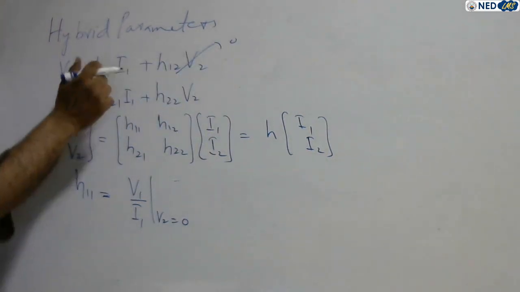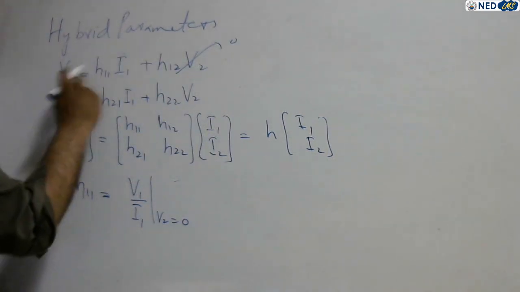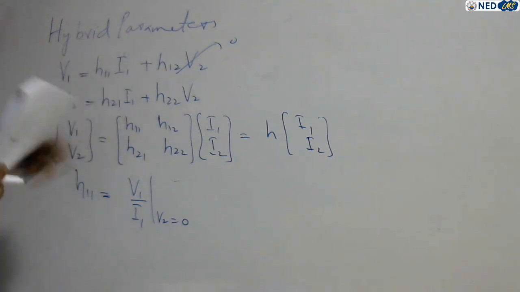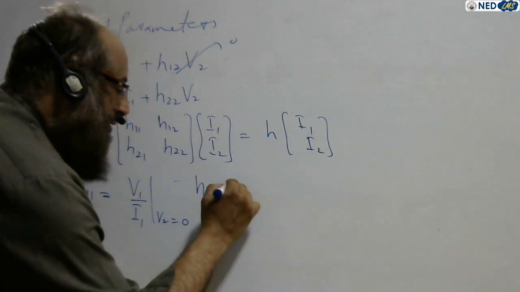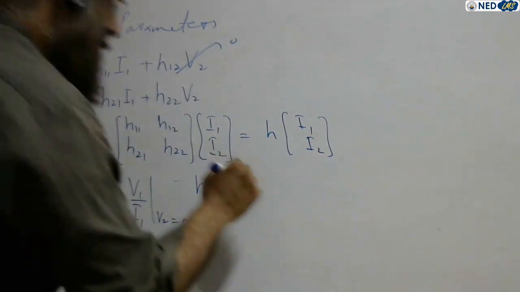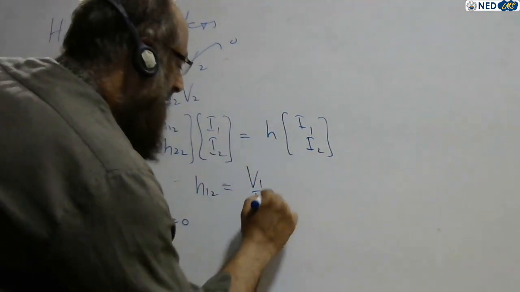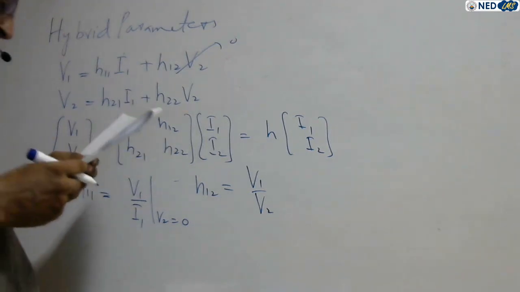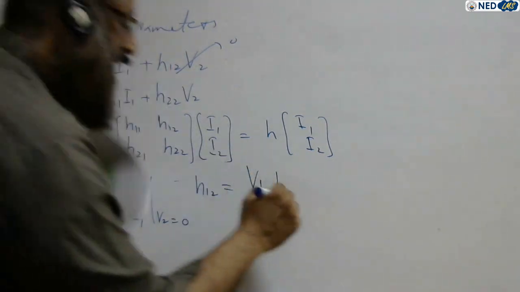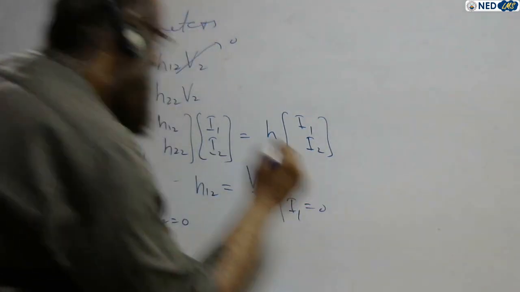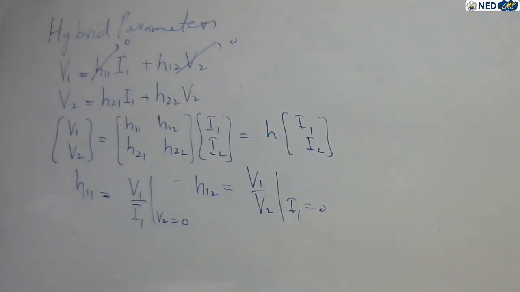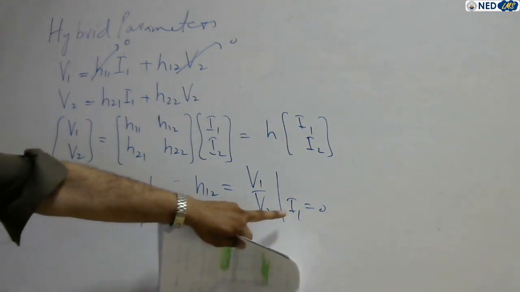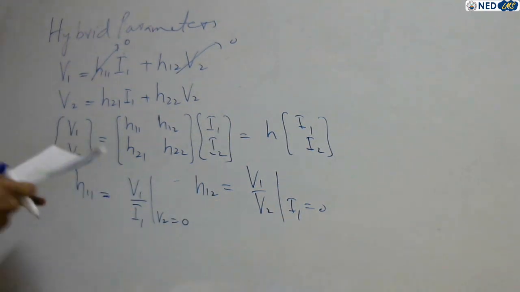Then H12 equals V1 over V2, the ratio of voltages, with I1 equals 0. When we want to calculate this parameter, I1 equals 0.